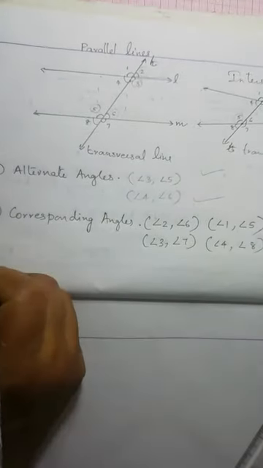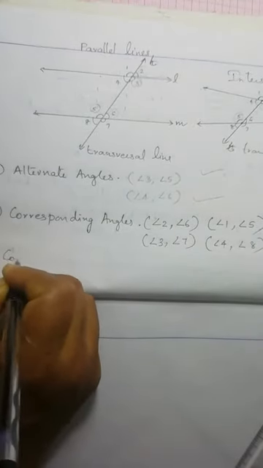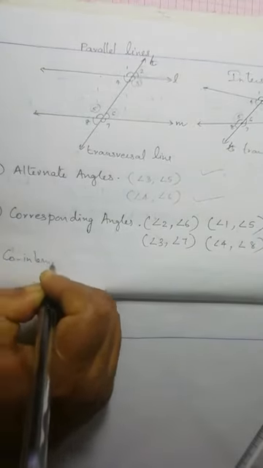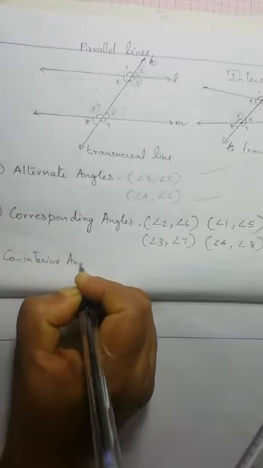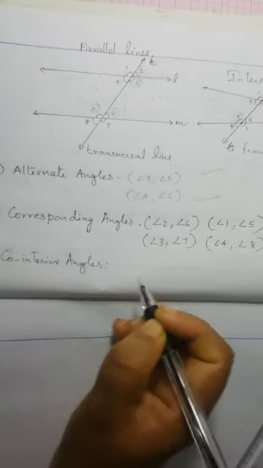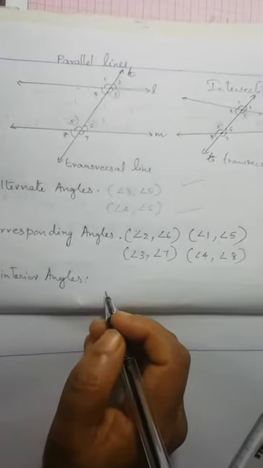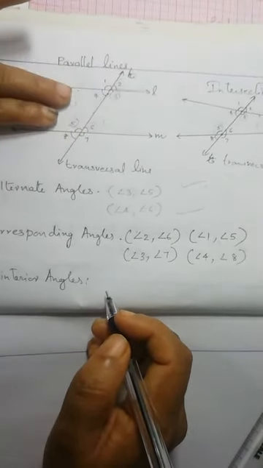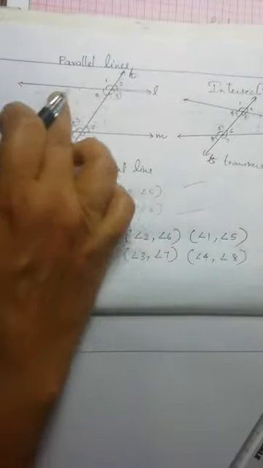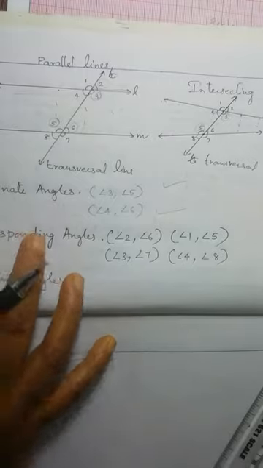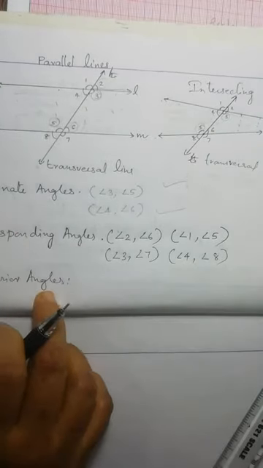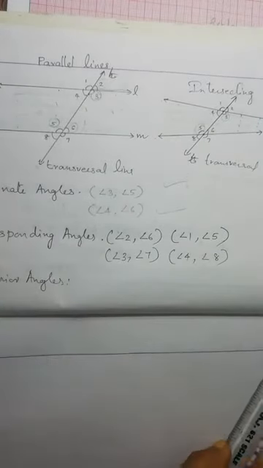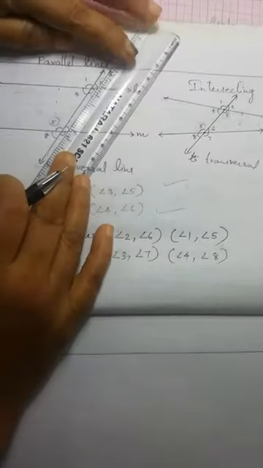Okay. Next, the third one is co-interior angles. What is it? Co-interior angles. These are the important names. Co-interior means we are taking the interior part only, these two lines' interior part only. Co means both of them are on one side of transversal.